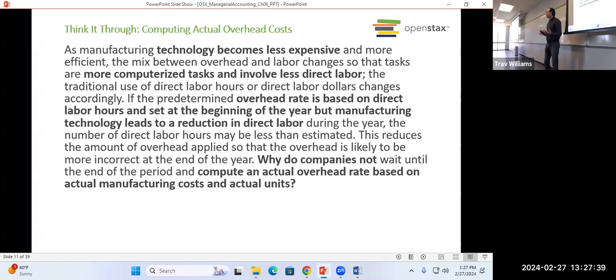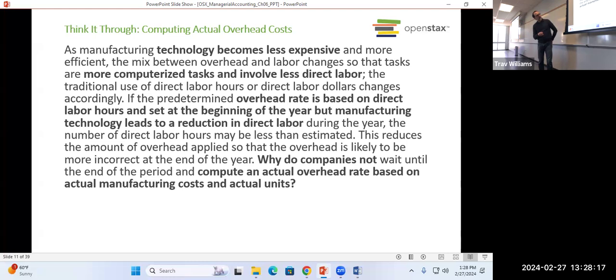So as an organization really shifts away from using as much human labor, then maybe you need a new way to figure out your overhead costs and how to apply them, right? You're not using as much labor, then what are you left with? You could use machine hours, or you could use activity-based costing and look at some other ways to figure out what's the right way to allocate overhead against your different production that you're doing. So that's really why we're talking about this activity-based costing.